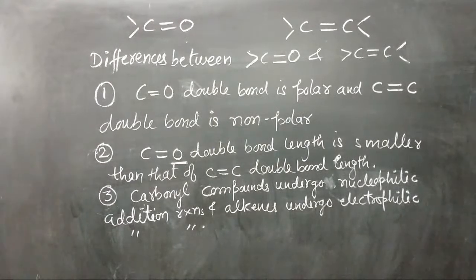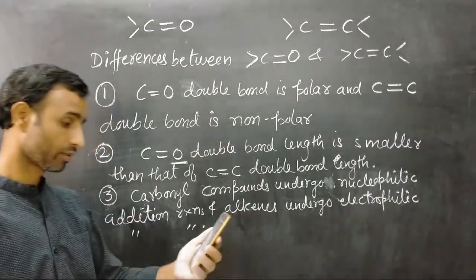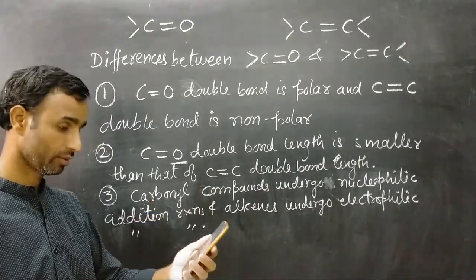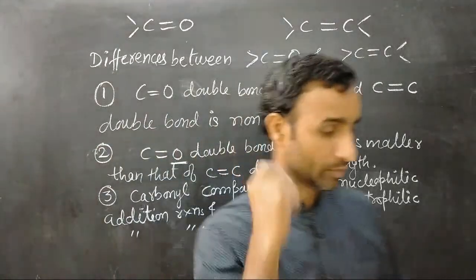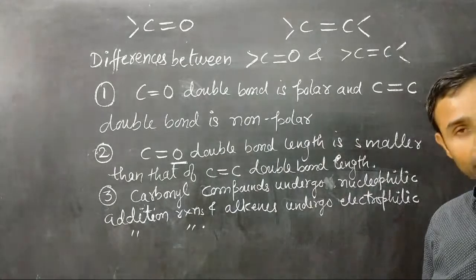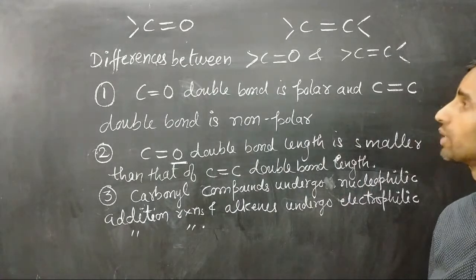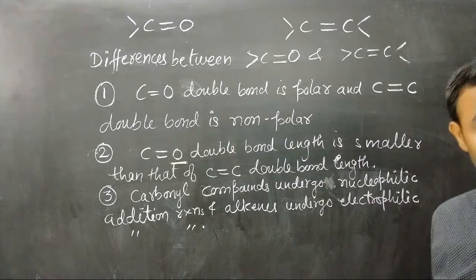So these are the similarities and differences between C double bond O and C double bond C that we have done.